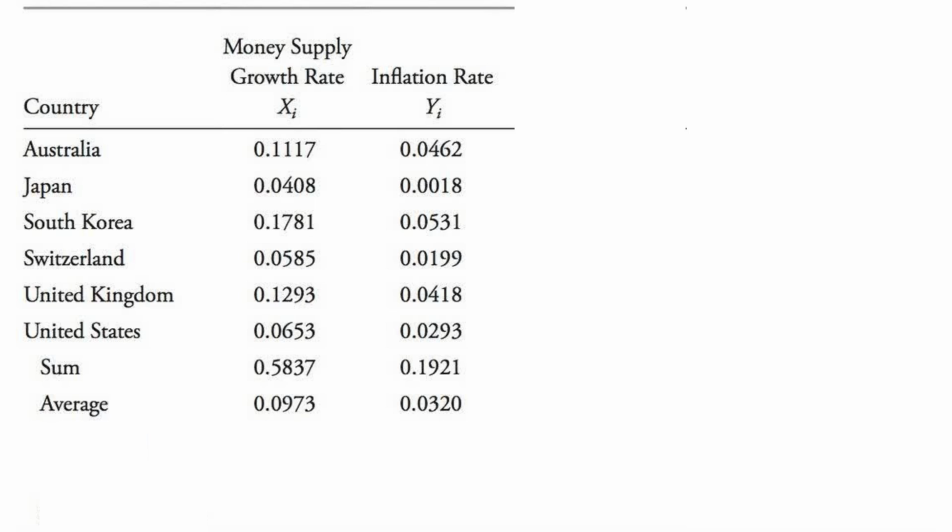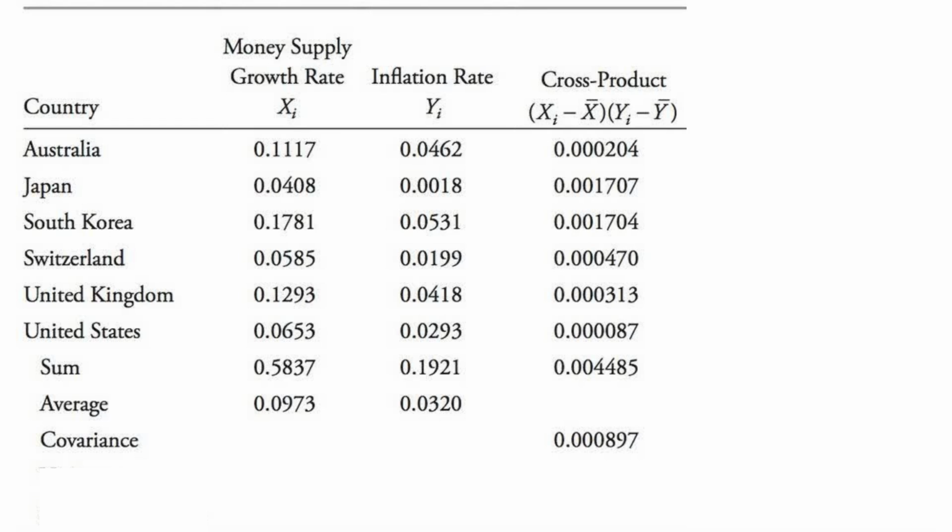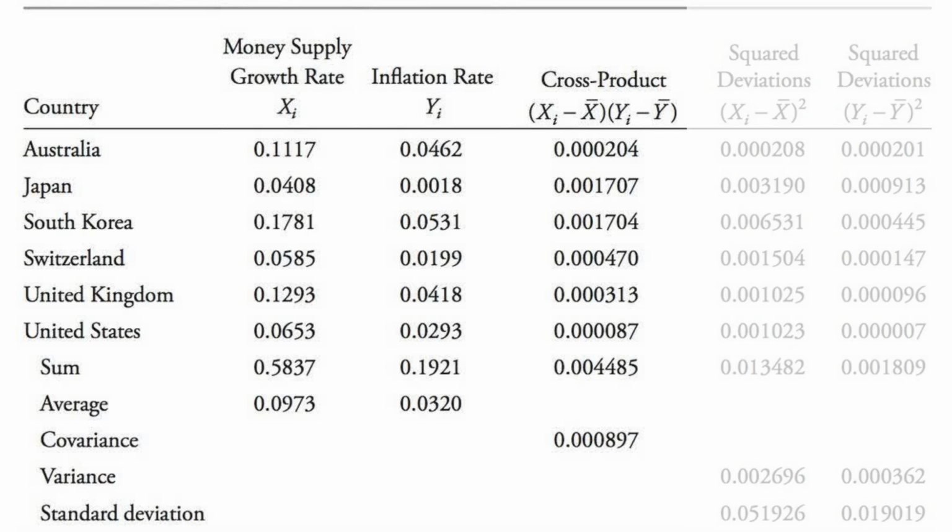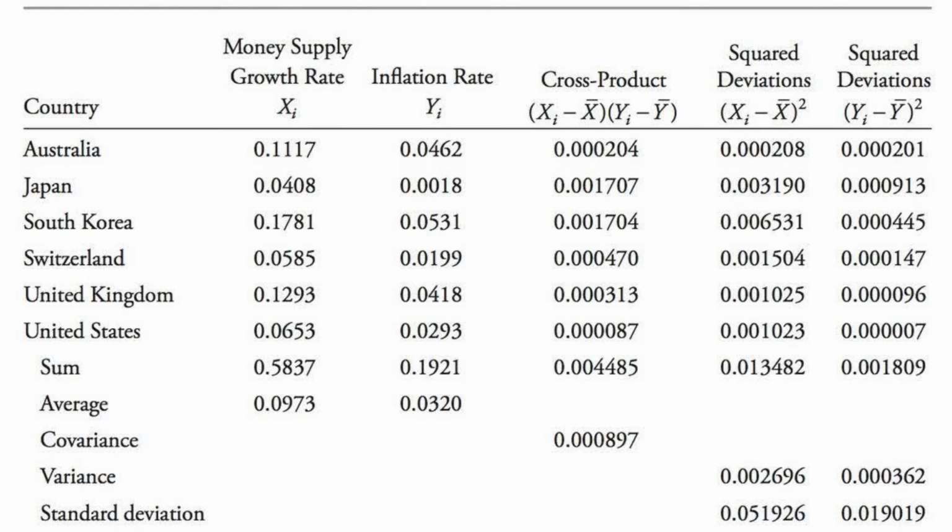Next, we can calculate the product of the deviations from the means for the x and y data series. Adding the products of the deviations and dividing by n-1 gives us the covariance. Next, we calculate the sample variances for the two data series by adding the squared deviations and dividing by n-1. Standard deviations are calculated by taking the square root of the variances.